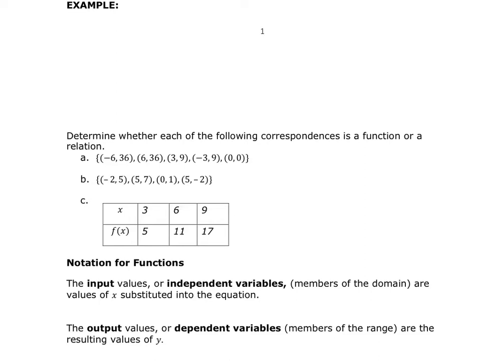But what I do know is my x is my input and my y is my output. So in terms of ordered pairs, when I see x comma y, I know that my x is my input and y is my output.